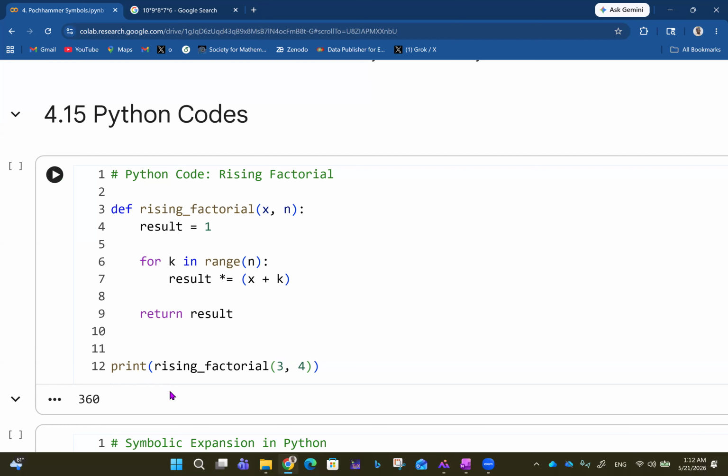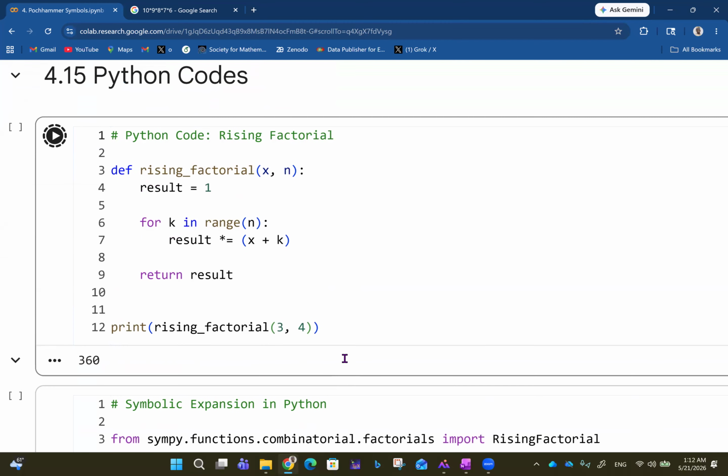That's 360, right? 3 times 4 is 12, 12 times 5 is 60, 60 times 6 is 360. Yeah, that's exactly what you have right here. So that's the rising factorial for 3 sub 4: you go 4 steps starting from 3.